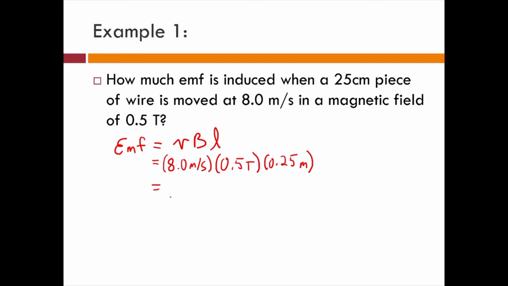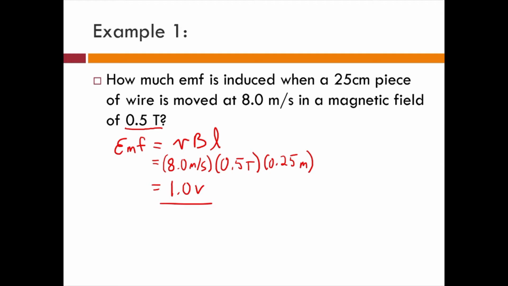Calculating all this out, we have a total EMF of 1 volt. So if I were to take a 25 centimeter piece of wire and move it at 8 meters per second in a magnetic field of this size, then we would create 1 volt of electricity.